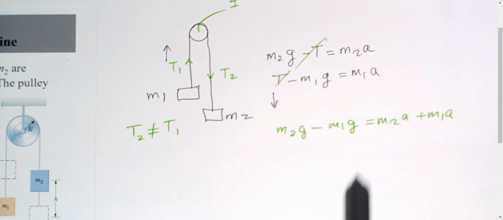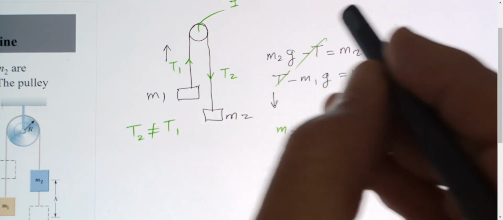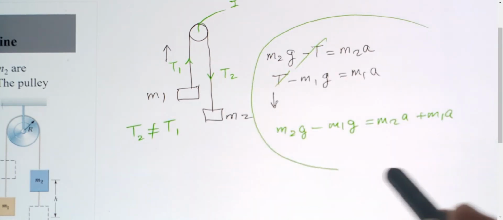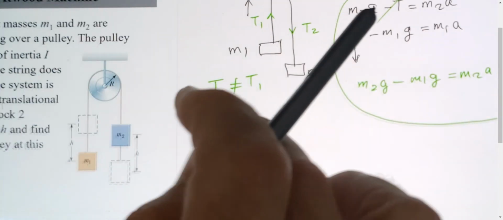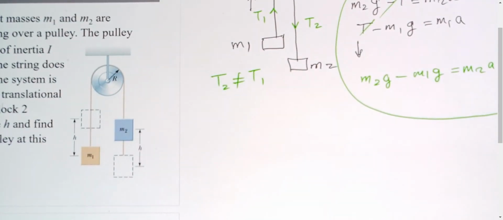So I cannot write the two equations. I cannot write the two old equations to solve this kind of problem. I have to use a different technique اللي هو conservation of energy.